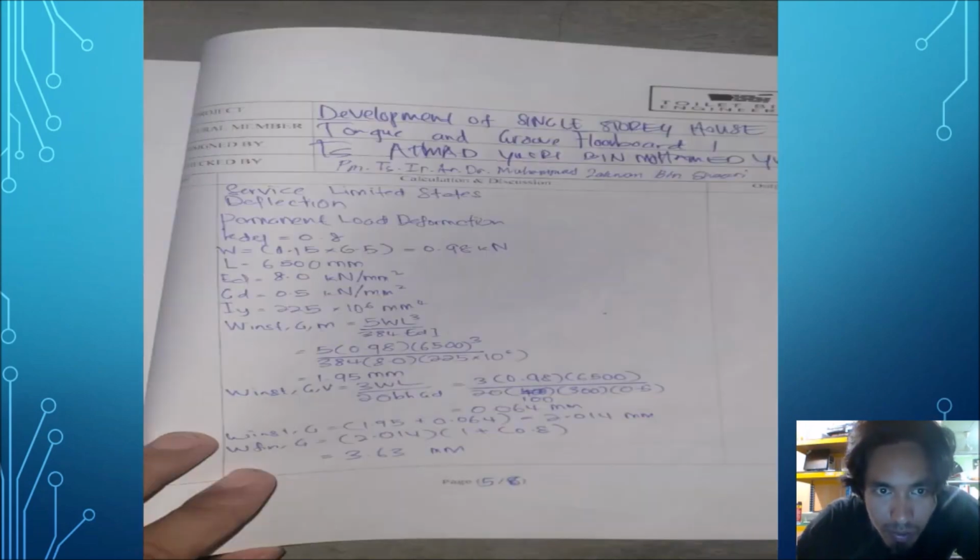Untuk serviceability limit state deflection, permanent load deformation, kita menggunakan formula 5 WL³ per 384 EI. Kita dapat 1.95 mm. Untuk Gv kita dapat 0.064 mm. Untuk wfin G kita dapat 3.63 mm.